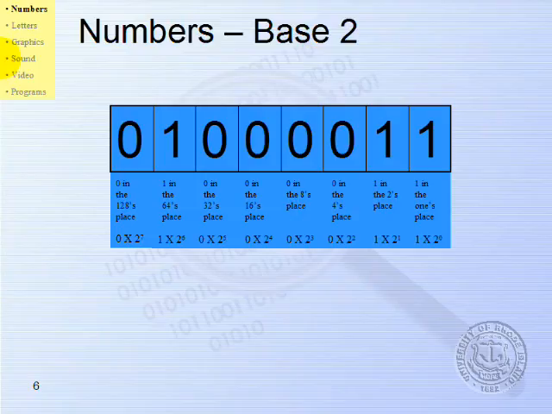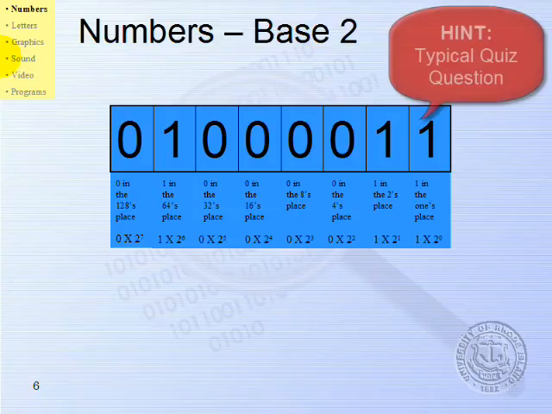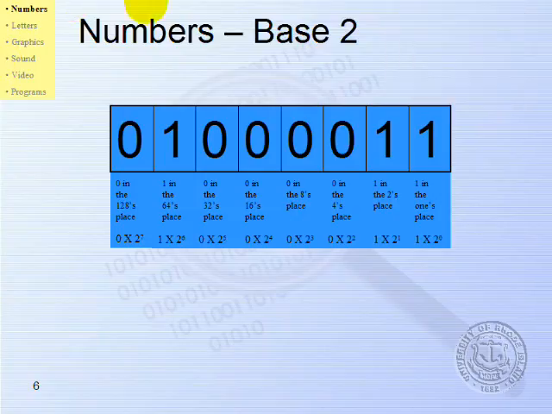So the way you look at one of these bytes, when translating the byte to a base 10 number, which, by the way, is a very typical kind of quiz question when looking at this stuff, you want to think of it in terms of places. It's the twos places: ones, twos, fours, eights, 16s, 32s, 64s, 128s.